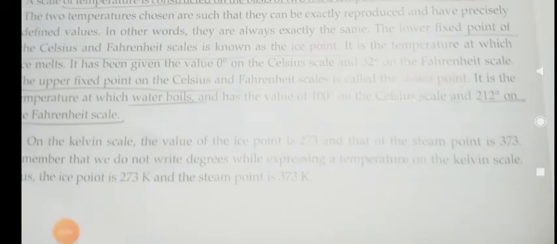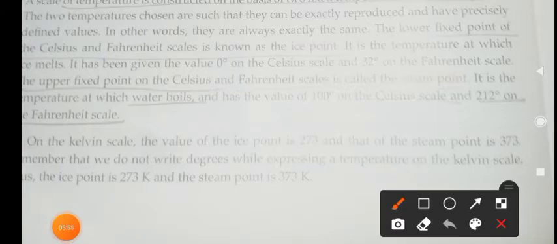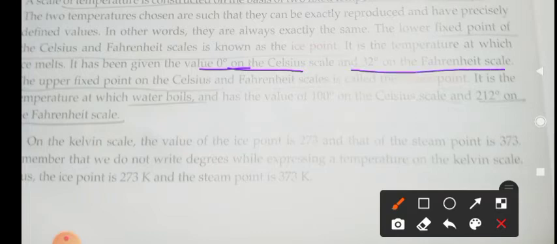In the Celsius scale, the lower fixed point is 0 degrees Celsius, and in the case of the Fahrenheit scale, it is 32 degrees Fahrenheit. The lower fixed point is 0 degrees for the Celsius scale and 32 degrees for the Fahrenheit scale.